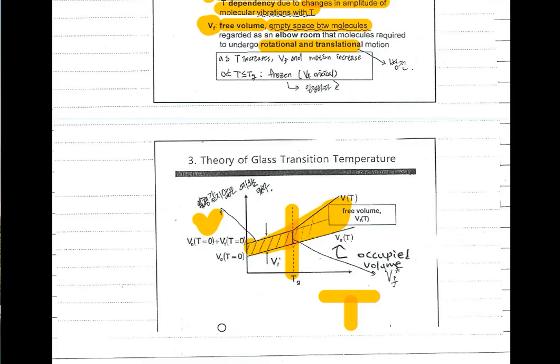So based on this free volume theory, we simply explain why there is a Tg, because at the boundary of Tg, the degree of free volume change is different between below Tg and above Tg. So we'll get back to this point later.